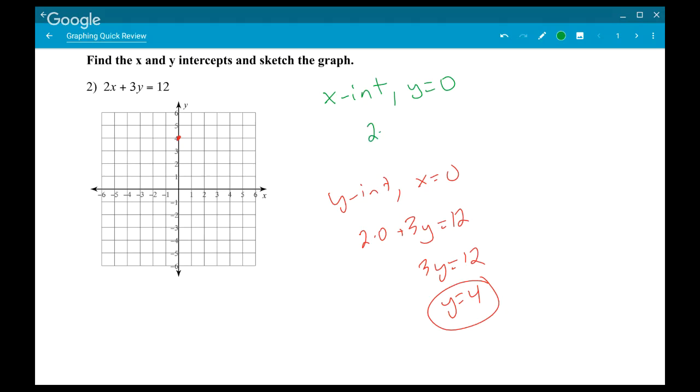I'm going to set y equal to 0 this time. I get 2x equals 12, and I get x equals 6. Oh, look, they make a straight line. Hooray. Finding x and y intercepts is a solidly good skill to have. Don't know that I'll ask it directly on the exam. I guess you'll have to wait and find out.